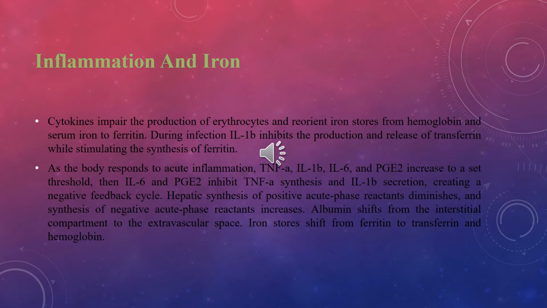Negative acute phase reactants, we have already discussed in our previous lectures. During inflammation, the values of negative acute phase reactants, including albumin, prealbumin, and transferrin, decrease, and this basically reflects the severity of the tissue injury in the acute or earlier stage when inflammation starts.